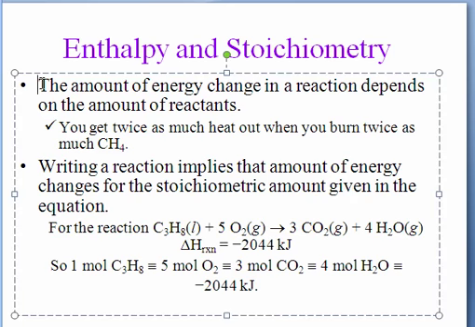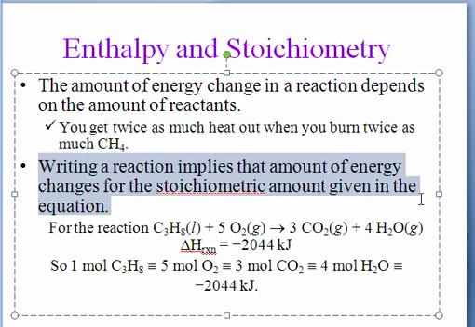So the amount of energy change in a reaction depends on the amount of reactants. For example, we get twice as much heat when we burn twice as much methane. The amount of heat that is absorbed or released is related to the stoichiometry.